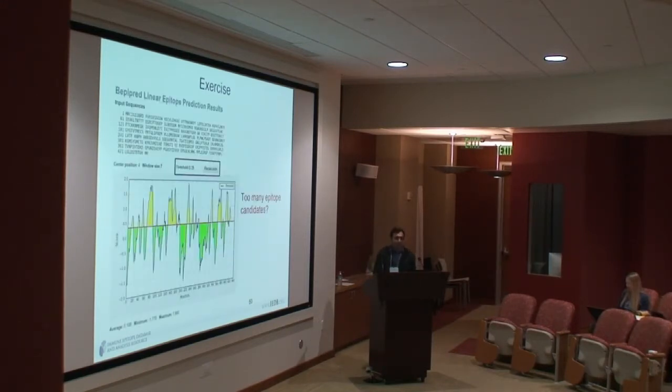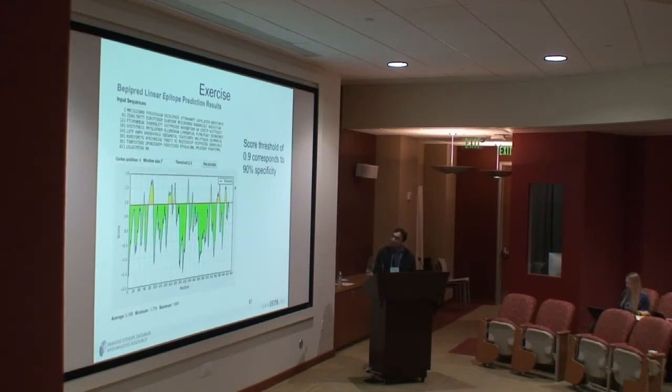Right. So for Epitope, it should be straightforward. You should have a result like this. But again, as you can see, there are just too many predicted epitopes here. So you can of course change this cutoff to 0.9 to get more specific results.